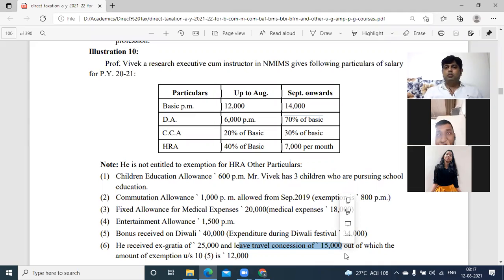If you are going to your hometown, you must have seen those in defense getting passes; the entire thing is paid by the employer, that is the government. So 2 times in the tenure of 4 years. That is exempted under section 10(5). Here it is given how much is exempted. The remaining will be taxable.